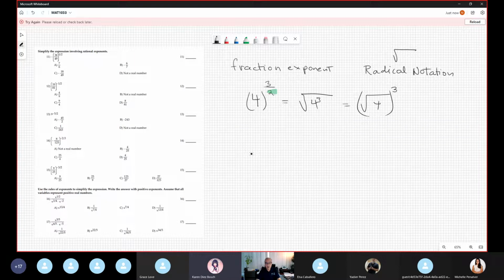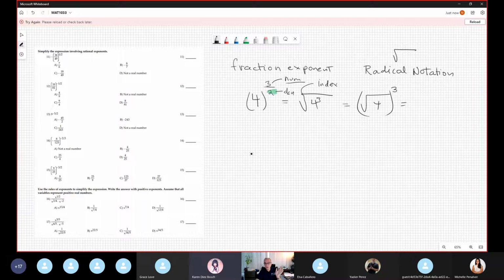A fraction contains a numerator and a denominator. The denominator represents the index of the root, and the numerator is the power. We have the power on the top, the index in the bar.